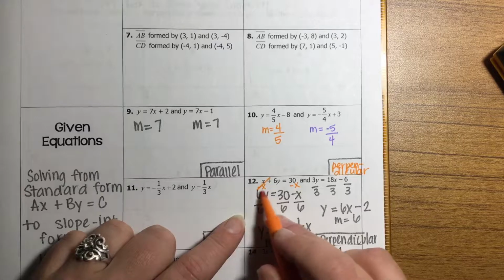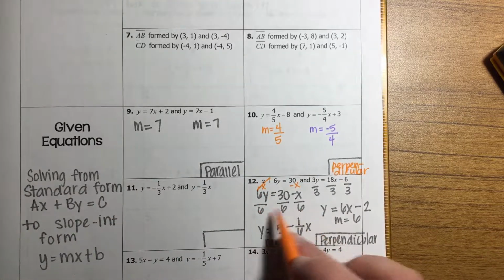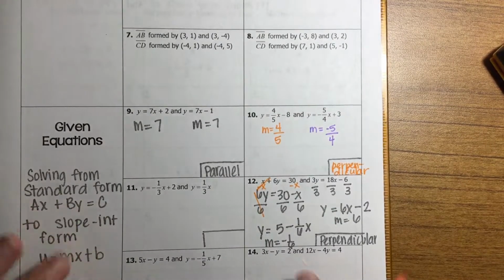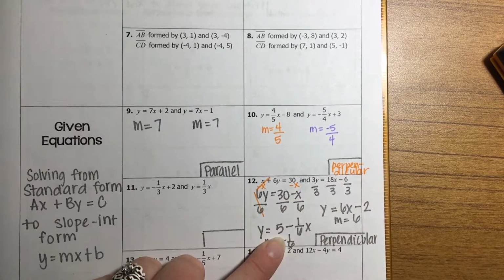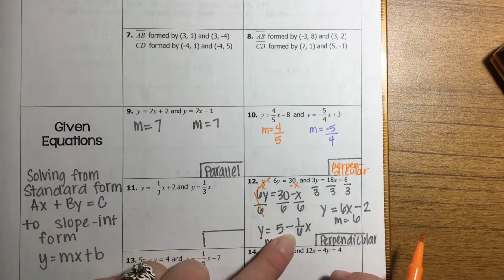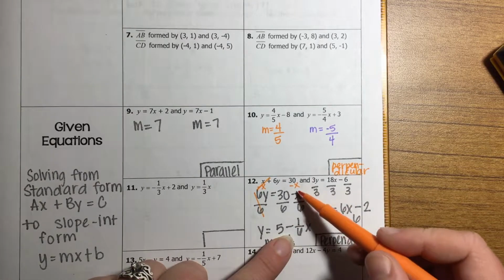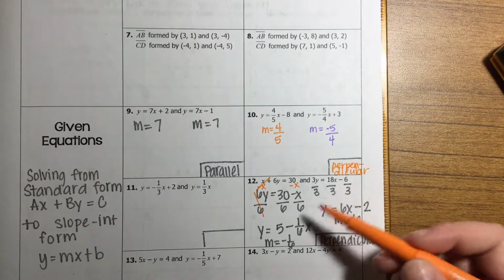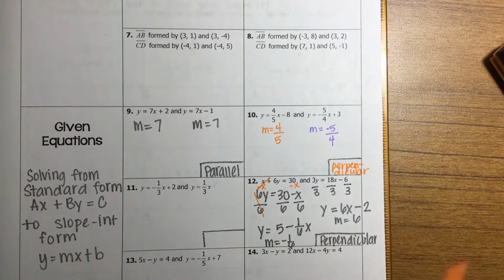Then from there, in order to get rid of that 6 that's multiplied by that y, I have to divide everything by 6. All right, so those would end up canceling out there. I'm left with y equals 30 divided by 6 is 5, and then I just get 1/6 x over here. Okay, I have a negative 1 in front of that x. All right, so I get negative 1/6 x.